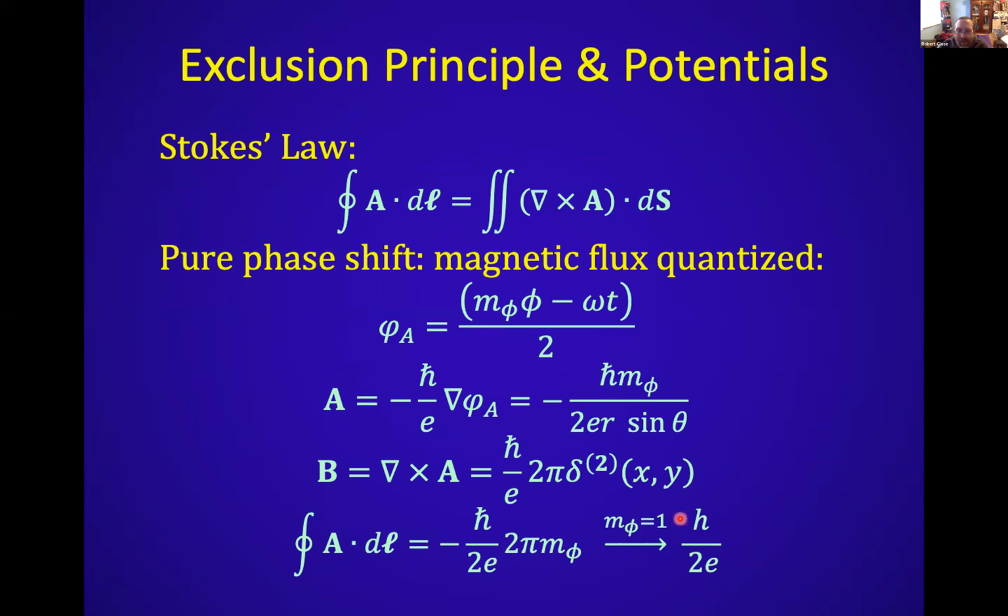And that gives you the quantization of magnetic flux, because by Stokes' law, this is the same as the integral of magnetic field over the area. So you get magnetic flux quantization from that.